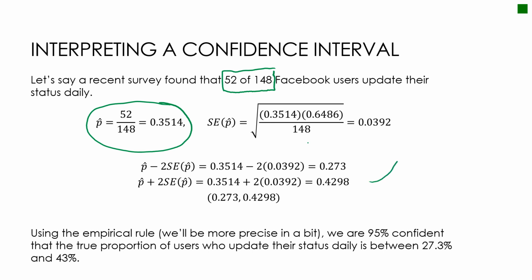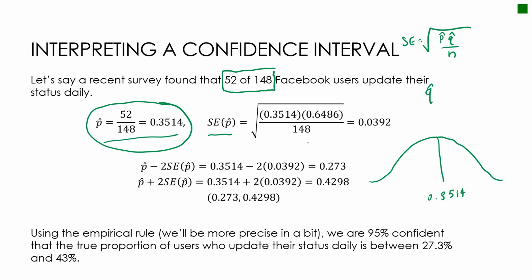So that means if I'm drawing my model, right here in the middle is 0.3514. Now what I'm going to do is calculate the standard error, and again, not as precise as the standard deviation, but I don't know the true percent of people who update their status daily. I just know based on 148 how many did. So I'm going to use my formula that says standard error is the square root of p hat q hat over n, and I've just calculated p hat.